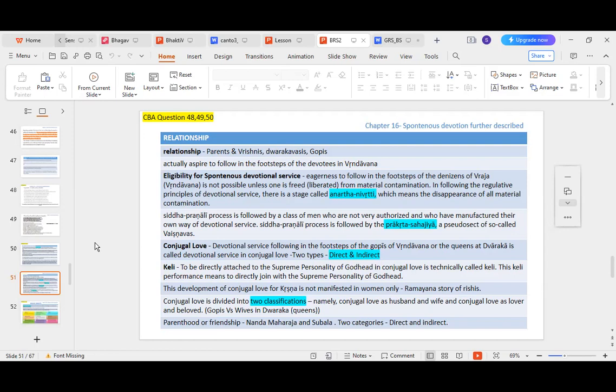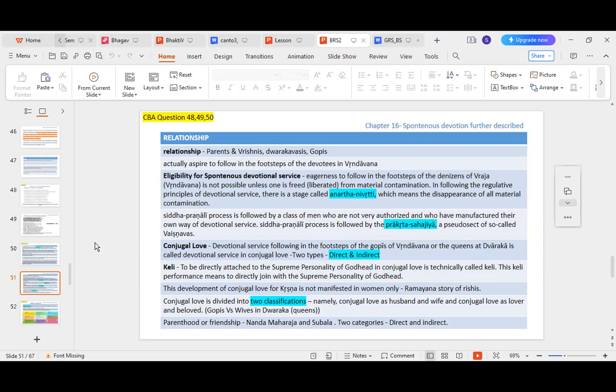Siddha Pranali is when, once you are at that bhava and aiming towards prema, because you don't follow rules and regulations, certain kinds of emotions that come out of you might lead us into a different understanding where anything and everything is accepted, though it is not really authorized. Somebody will try to see and say, oh, I'm also in the bhava stage, and start practicing like that, and that is called Siddha Pranali.